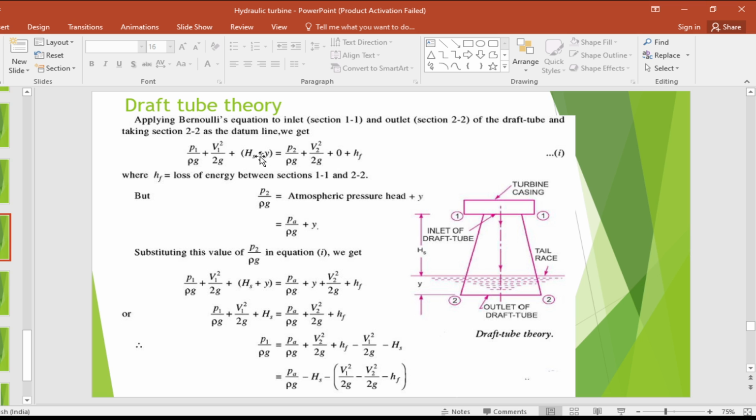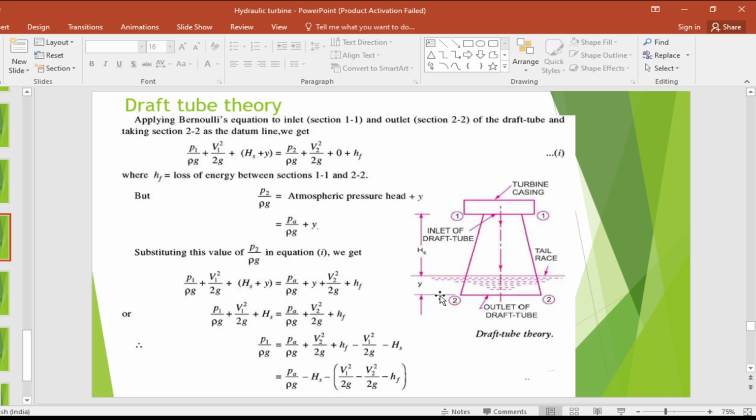Hs plus y, as this is the inlet here, so the height will be Hs plus y. Second one, P2 by rho g plus V2 square by 2g, which is your kinetic head, at 0 plus HF. As this is the outlet, some of the losses will be there, and as it is a datum, the datum height will be 0. So HF is your loss of energy between both the sections.